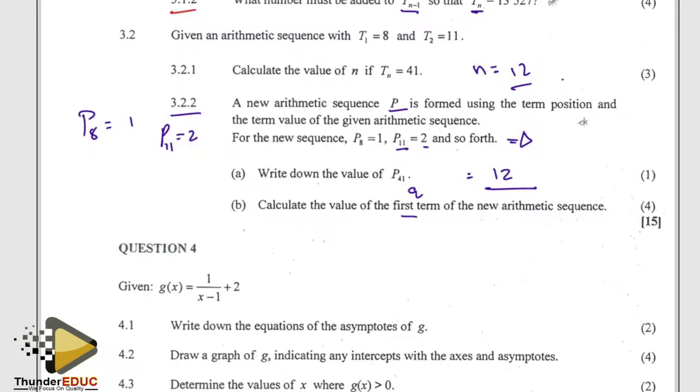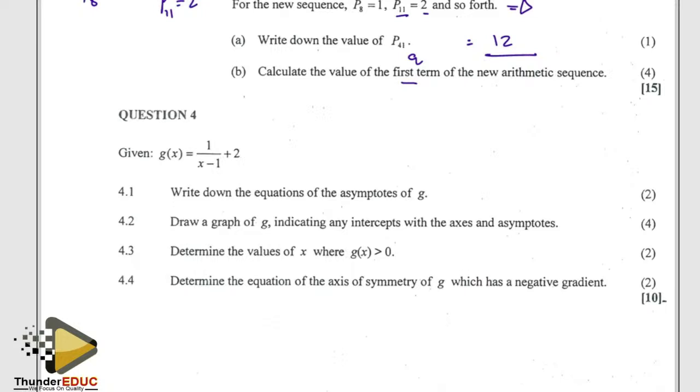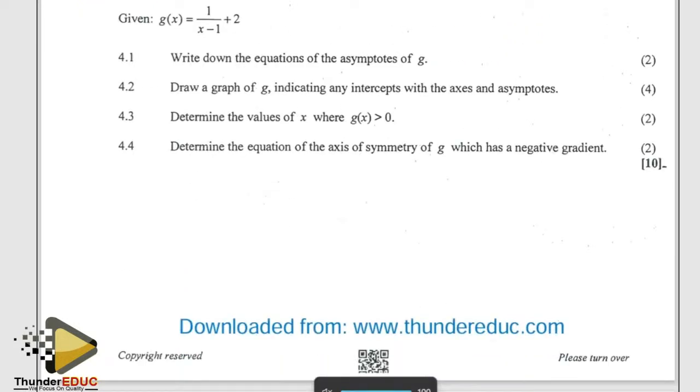Okay, I move on to question number 4, which is the functions. And we're being told that g of x is 1 over x minus 1 plus 2. Write down the equations of the asymptotes. So before we even start, we need to know what type of graph this is.